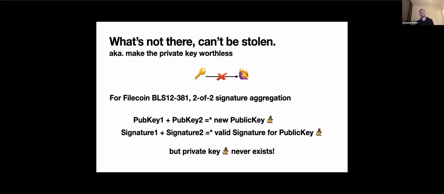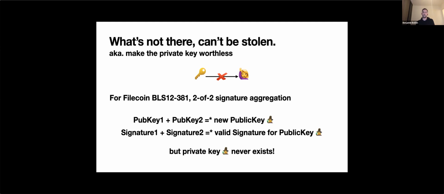If we work with aggregated signatures, then the single key that Alice stores on her file system by itself doesn't have any meaning, because it's just one of the two signatures. It's not a valid transaction for anything that Filecoin recognizes.